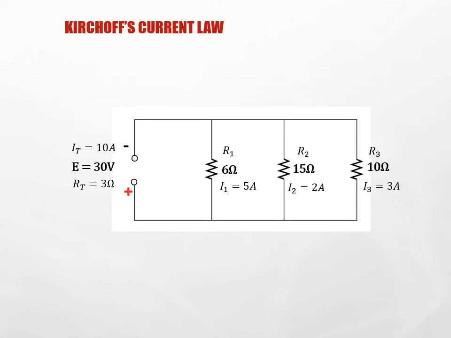So let's look at Kirchhoff's current law, or nodal analysis, as it relates to the last problem we did together. In the last problem, we calculated the 3 currents to be 5 amps, 2 amps, and 3 amps, and that the circuit total current must be 10 amps. Here are the 4 nodes associated with this circuit. Again, a node is just any junction where current can come or go, or enter or leave.